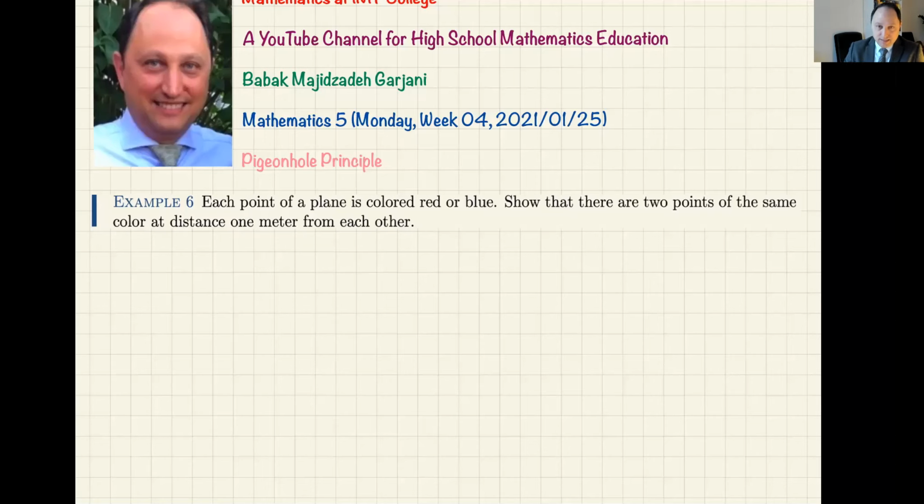Isn't it just that because the plane is infinite, there are infinitely many points on it, which means if you want to pick points and at least 2 of them are the same color, and they are either red or blue, then you have to pick only 3 points to be guaranteed that 2 of them are the same color.